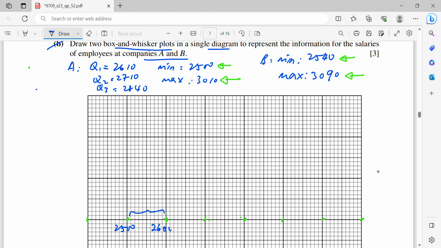So here will be 2600, 2700, 2800, 2900, 3000, then 3100 to include all the values.